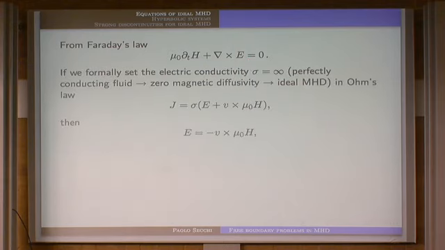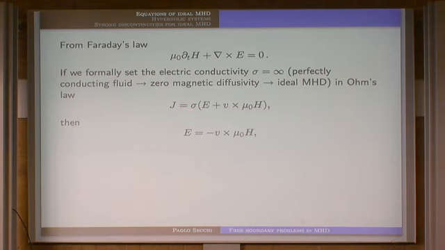Now we want to eliminate the electric field. We consider in Ohm's law relating J, the current density, V, H, and E. We assume formally that sigma is infinite. So this part is zero.